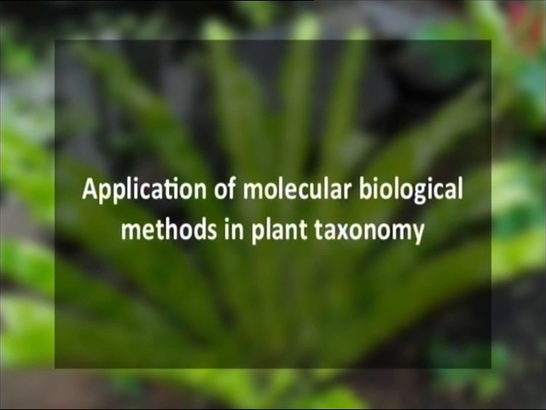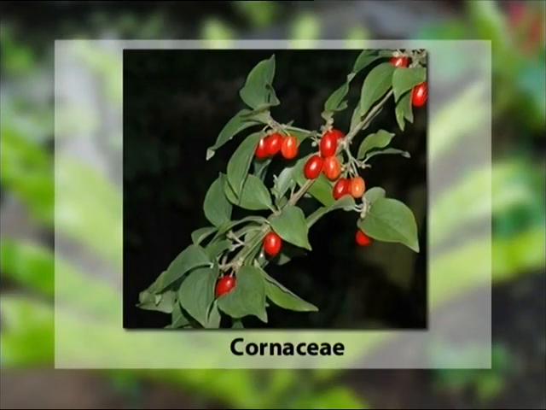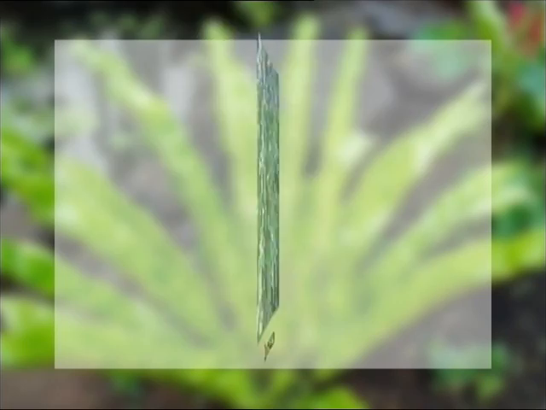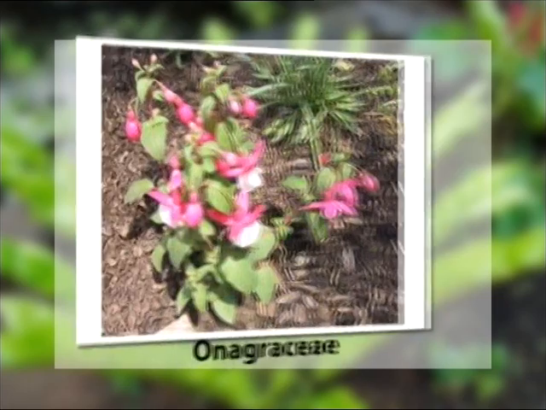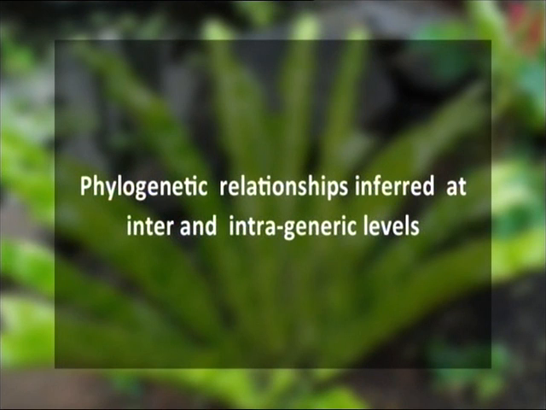Now, the applications of molecular biological methods in plant taxonomy. Phylogenies based on rbcL sequences have been successfully obtained at the level of a family and higher taxonomic levels. In case of families like the Cornaceae, the Cupressaceae, the Ericaceae, the Geraniaceae, the Onagraceae, and the Saxifragaceae, phylogenetic relationships have been inferred at inter- and intrageneric levels also.